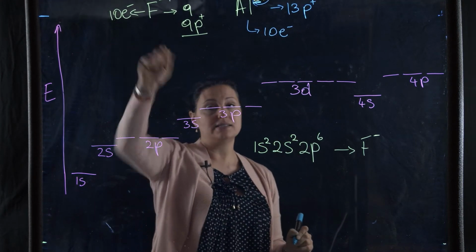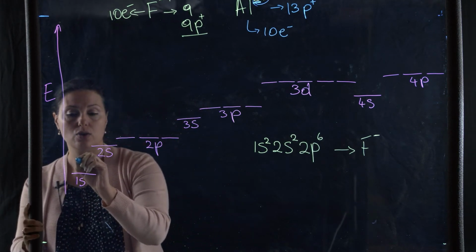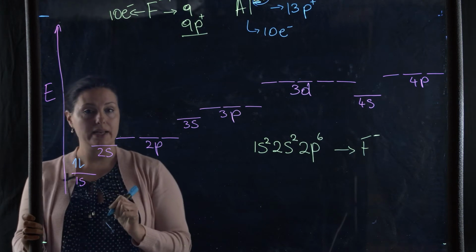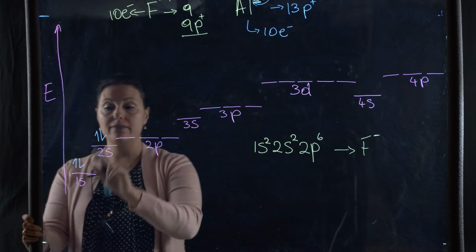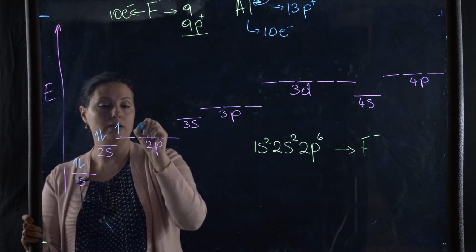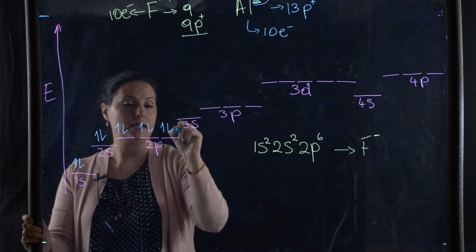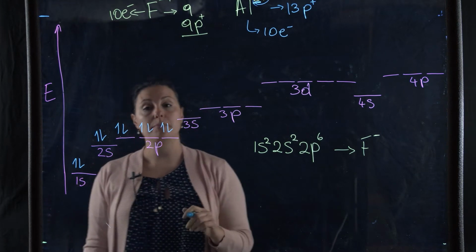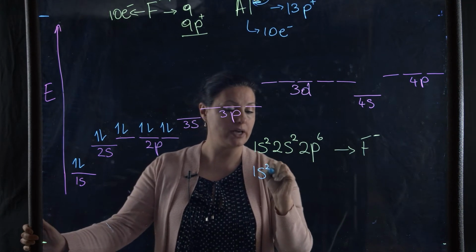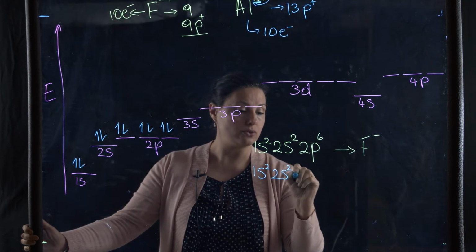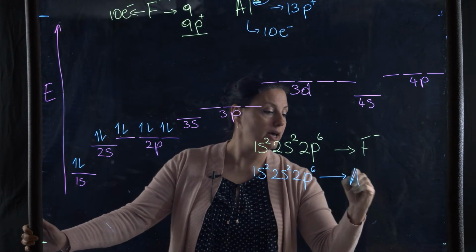Oh, well, it has the same as this one, but let's just work on filling that out just for practice. So I start with 1s, and it can accommodate 2 electrons. So can 2s, and I've used 4 of my 10, and then 1, so 5, 6, 7, 8, 9, and 10. I've used up all my 10 electrons. So when I go over here to write the full configuration, I would write 1s2, 2s2, 2p6, and I end up there, and this is aluminum 3+.